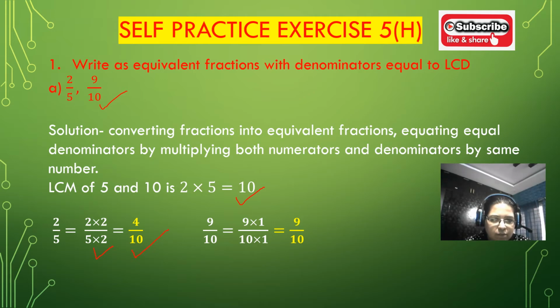So multiply the number 1 with both numerator and denominator of 9 divided by 10. 9 multiplied with 1 is 9 and 10 multiplied with 1 is 10. So we get 9 divided by 10, which is the equivalent fraction of the fraction 9 divided by 10. Now 4 divided by 10 and 9 divided by 10 are the equivalent fractions of the fractions 2 divided by 5 and 9 divided by 10.